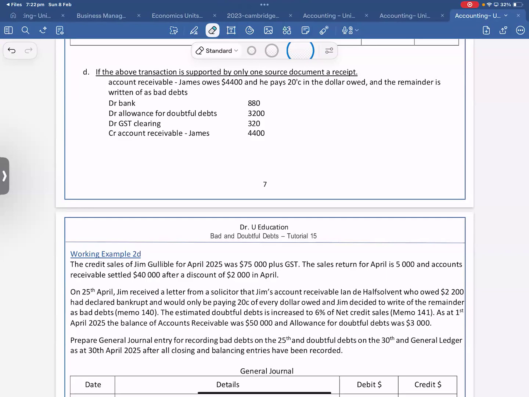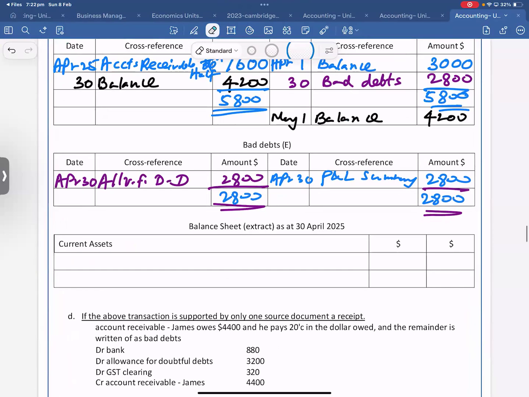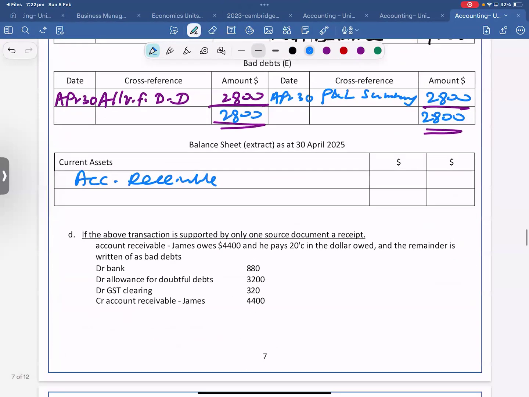Oh, sorry, I missed something. Thank you, Punar. I have missed the balance sheet. So what should we do, guys? Balance sheet, accounts receivable less... How much? 84,800.